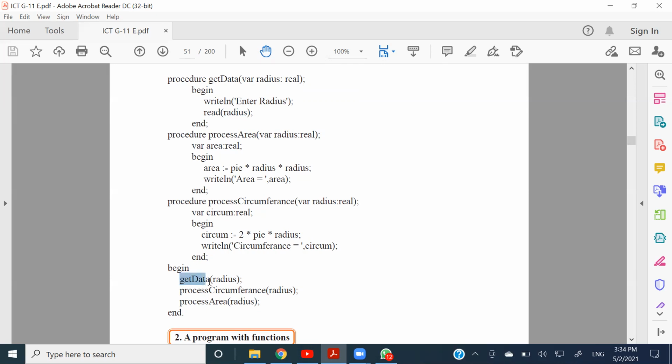This is the one which calls this procedure to get executed.